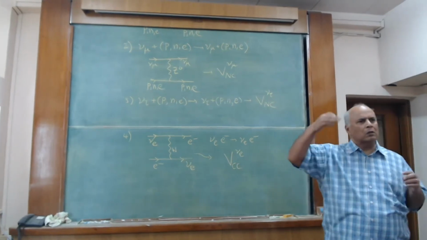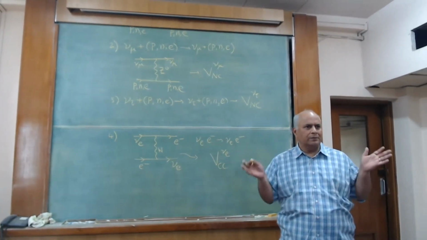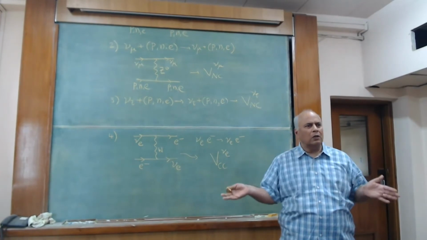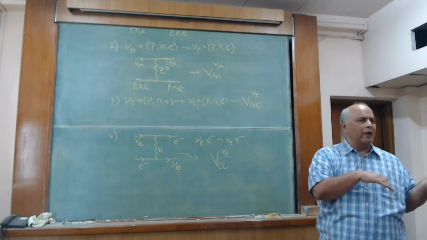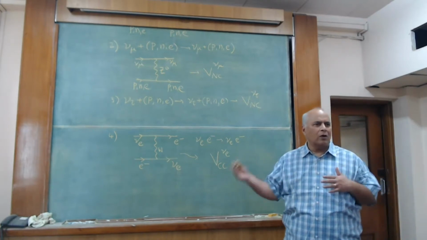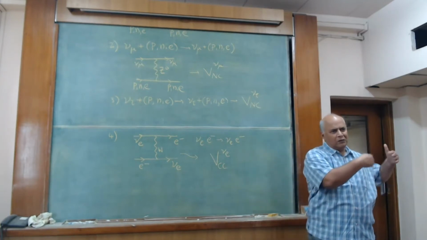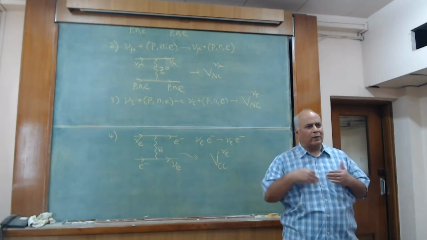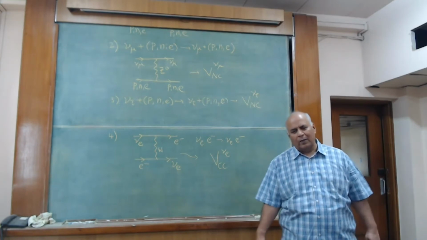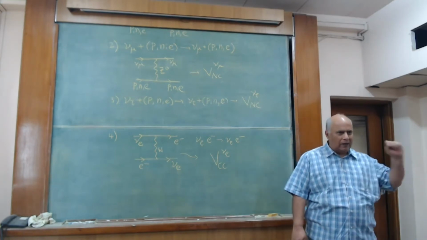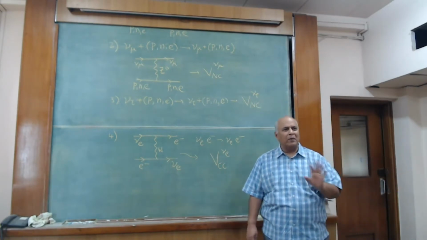So for an L by E of meter per MeV, they claimed they have seen nu mu to nu e oscillation, but that means the corresponding delta m square is of order 1 electron volt square, which of course doesn't fit in with our solution to solar and atmospheric neutrino oscillation. But there was a lot of fight about whether LSND really saw a signal or not, whether what they are seeing can be part of background.